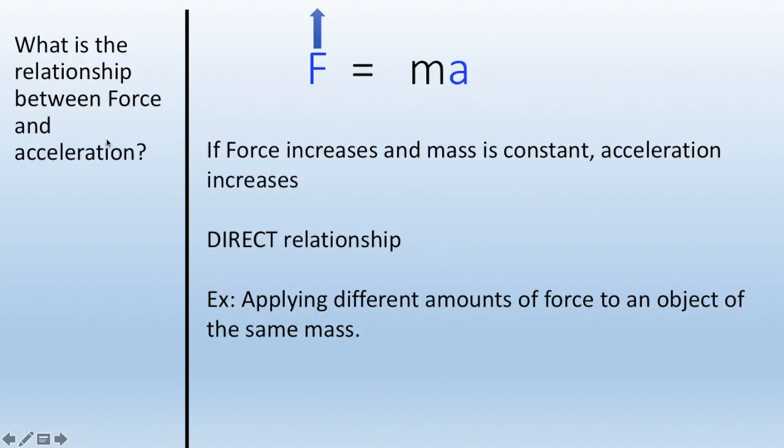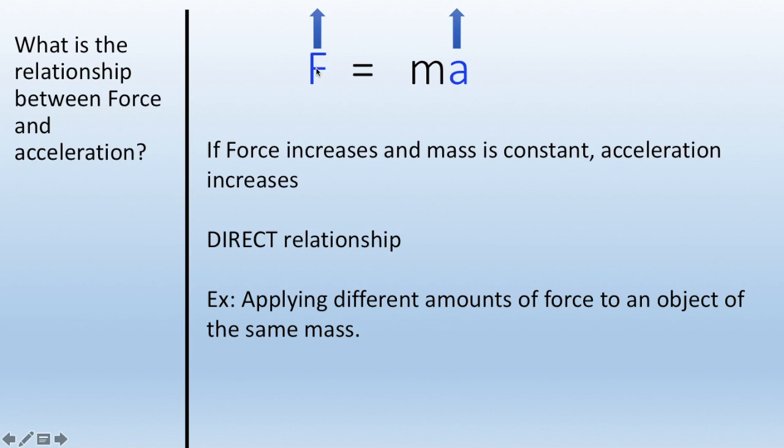What is the relationship between force and acceleration? If we were to increase force while mass is constant, the acceleration will also increase. This is what we call a direct relationship. When your 2 variables are on different sides here, if you were to increase the force, it directly increases the acceleration.